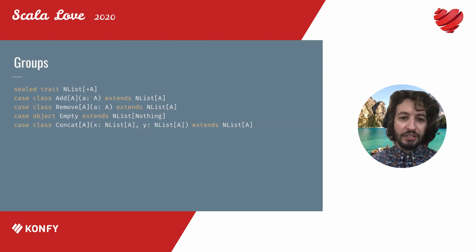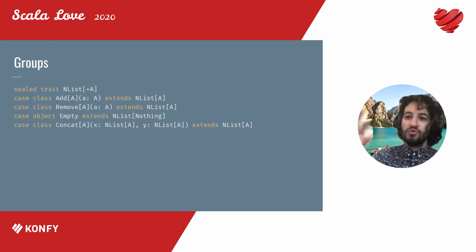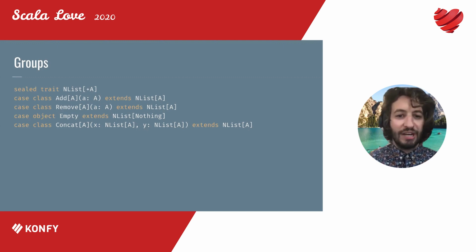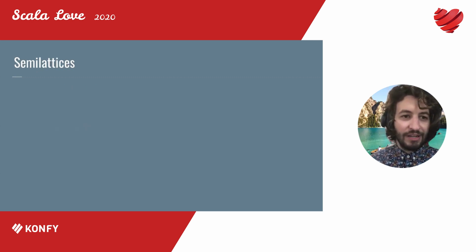That gives you some kind of historization to a degree, but you can also say, okay, I don't want this to appear in my list, so I'm just going to concatenate a remove node with this. And I wish I had more time to talk about this experiment that I did, but I'm kind of short on time, so I'm just going to keep going.